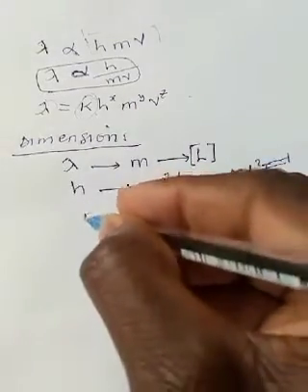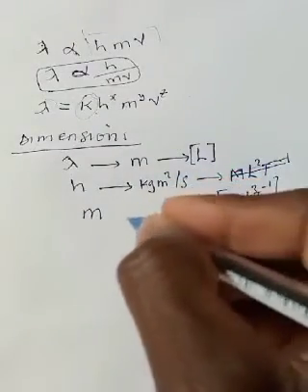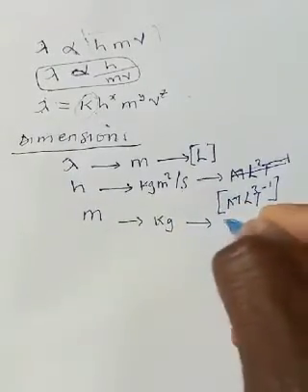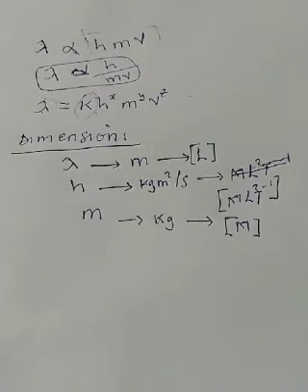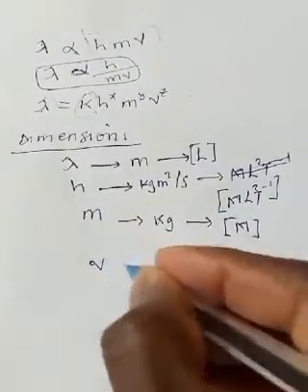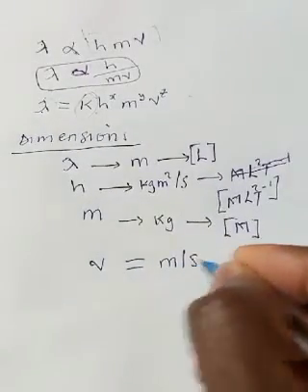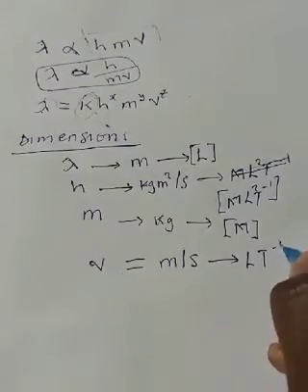The dimension for mass is capital M, for kg. Then we proceed to the third quantity, which is velocity. Velocity is equal to meters per second, and the dimensions are L t to the power -1.